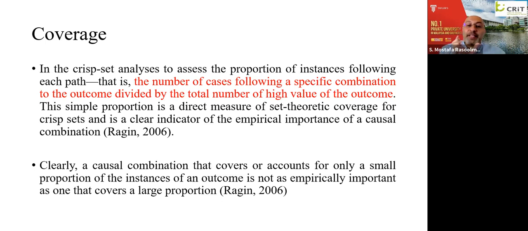And for one specific combination, we have 50 cases that lead to a high level of outcome. So 50 divided by 200 will be 0.25. So coverage will be 0.25, right?